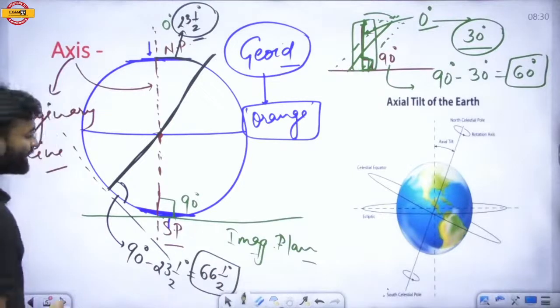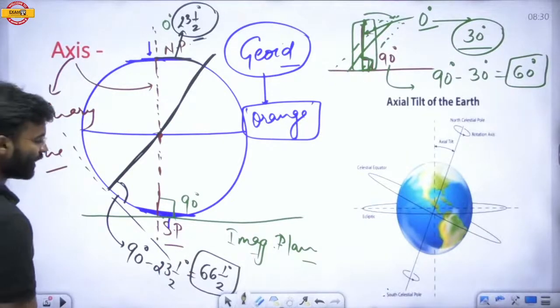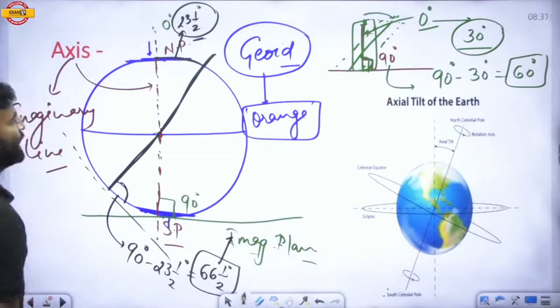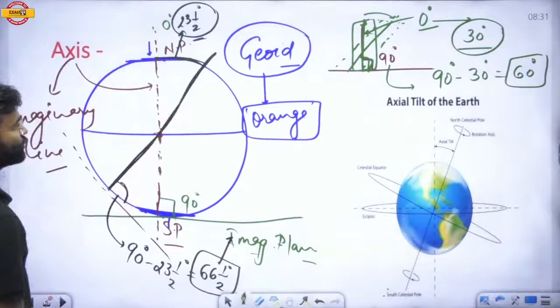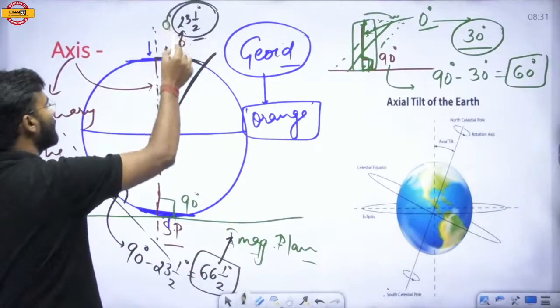So what angle does the Earth make on its imaginary surface at the present time? The angle made by the Earth on its imaginary plane is 66.5 degrees. And the angle made by the Earth on its axis, or the tiltness of the Earth from its axis, is 23.5 degrees.